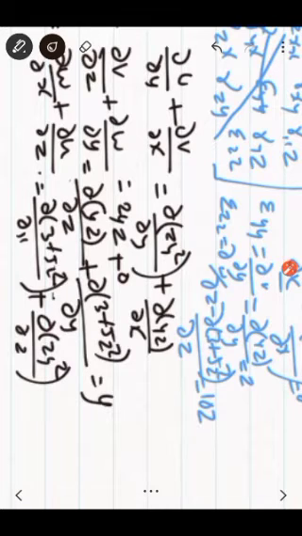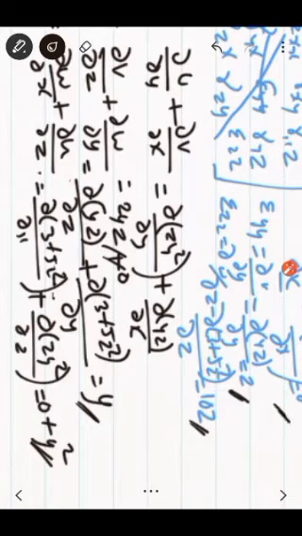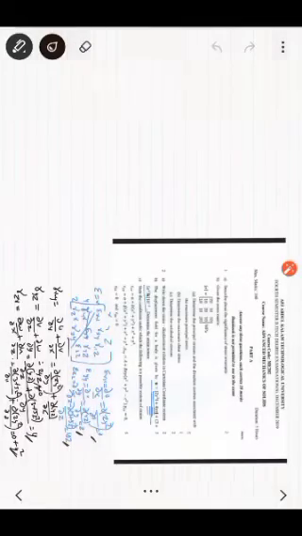You have z there, so you get 0 plus y square. Y square is constant. If you differentiate z, it is 1. So we have this value, this value, this value, and here this value, this value, this value. Substitute all these things in this tensor, that is the strain tensor. So determine the strain tensor. So that's all for this.